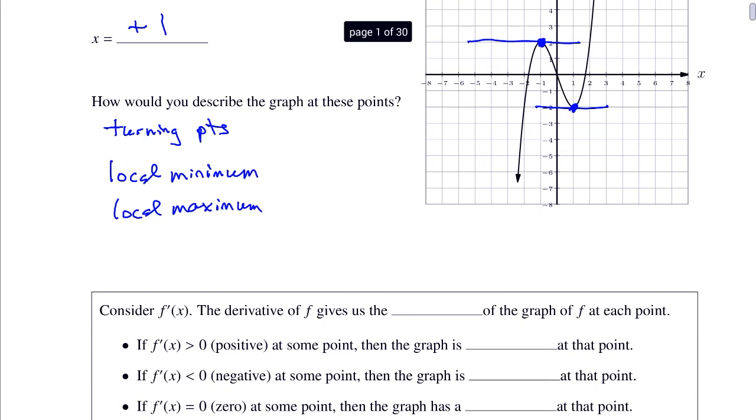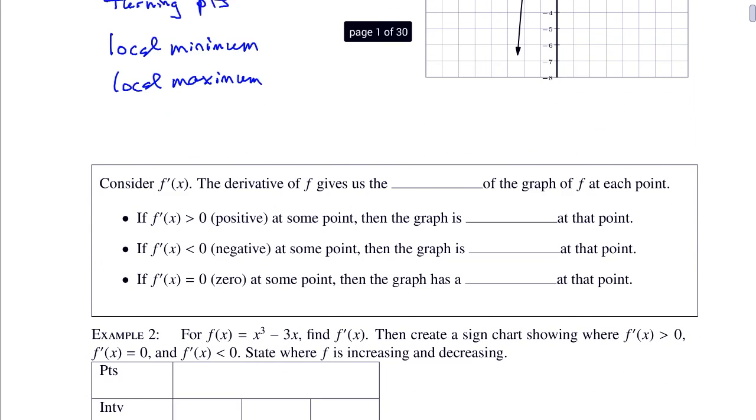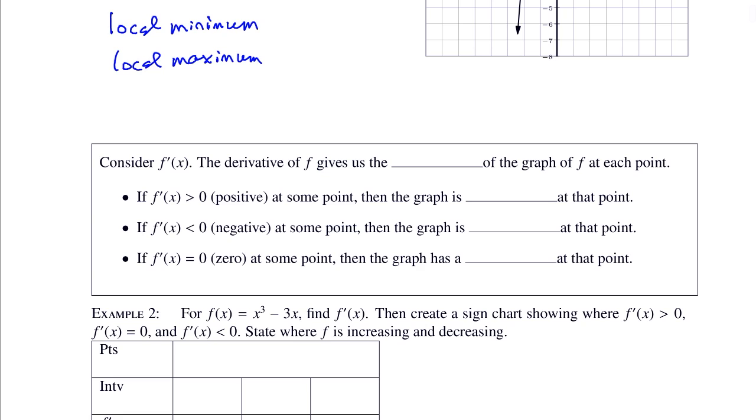All right. Consider the first derivative of f. The derivative of f gives us the blank of the graph of f at each point. What is the derivative measure? The derivative measures slope. If f prime is greater than 0, that means it's positive, that means we have a positive slope. Then the graph is what at that point?